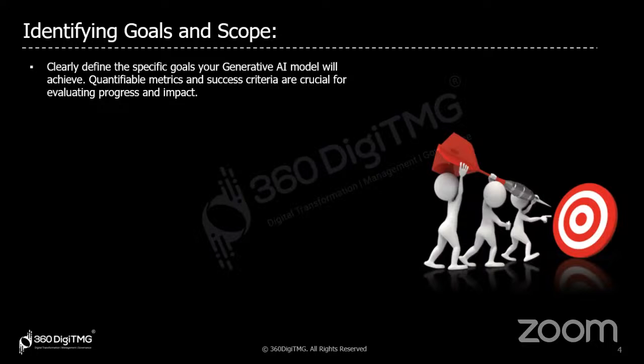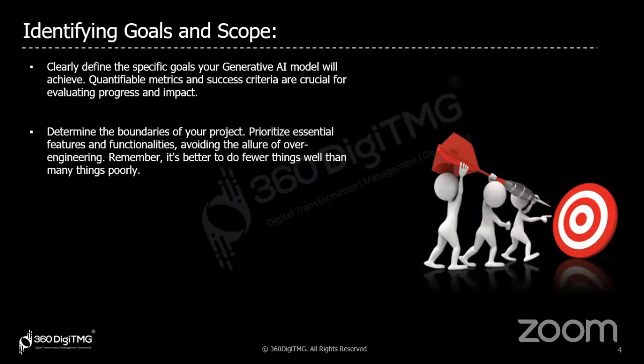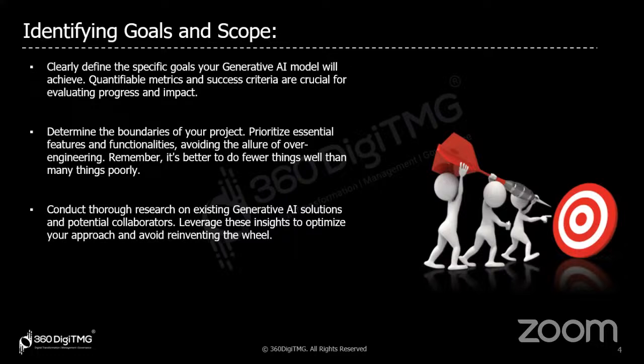And also define the clear success criteria beforehand. And we also determine the boundaries of our project. So we are going to prioritize what is important, what are the features and functionalities that generative AI can actually improve, and how do we avoid falling into certain pitfalls, which generative AI cannot do better than any other human being, right? So these kind of things we'll be defining.